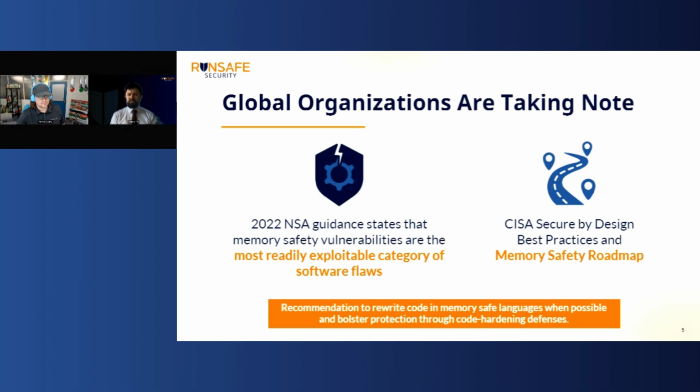And then if we look at CISA in the US with their secure by design best practices, they're advocating for people to put out memory safety roadmaps and build security into their software by design. And so that's been a really big push for CISA for the last couple of years. And then not on the slides here, but equally important is the EU's Cyber Resilience Act. That's looking a little bit broader and trying to bring in software bill of materials because one of the things that you have in compiled code is it's really hard to know all your software dependencies.